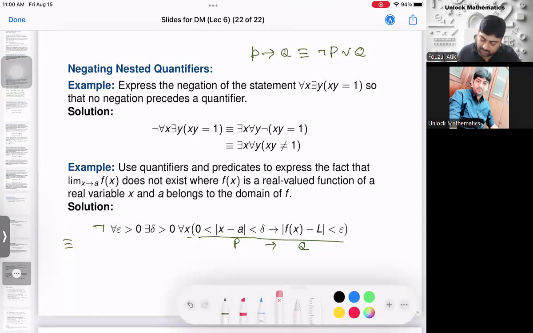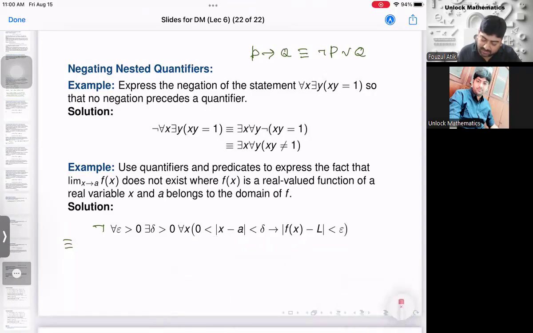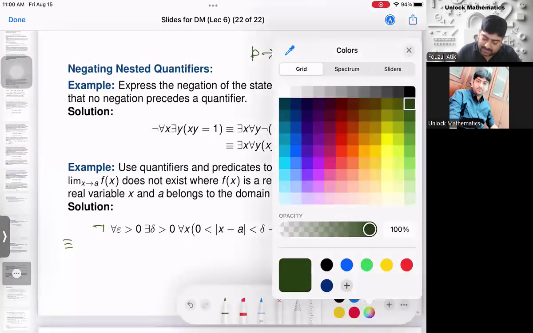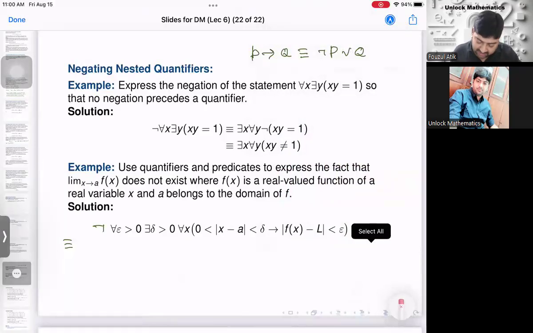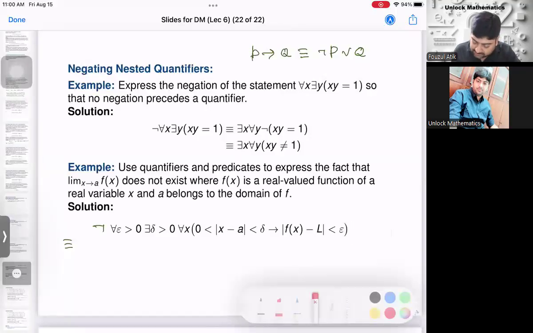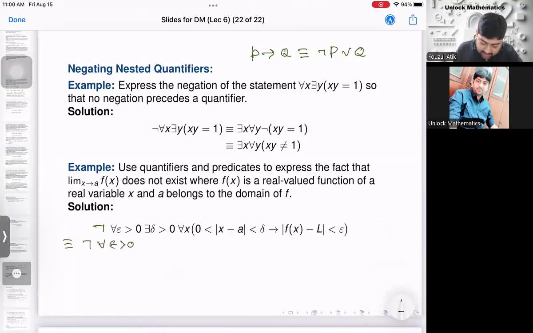I'm keeping other things as they are. Only I'll work on the inside portion. So this will become, for all epsilon greater than 0, there exists delta greater than 0, then for all x, then this will become not of, right?